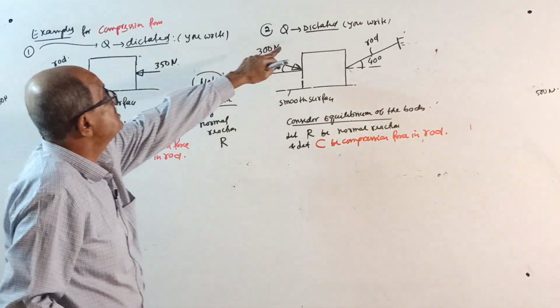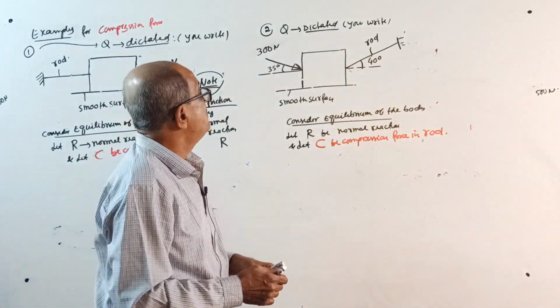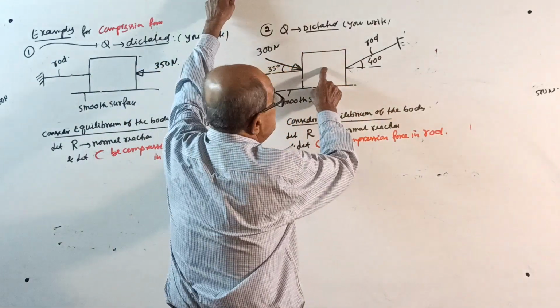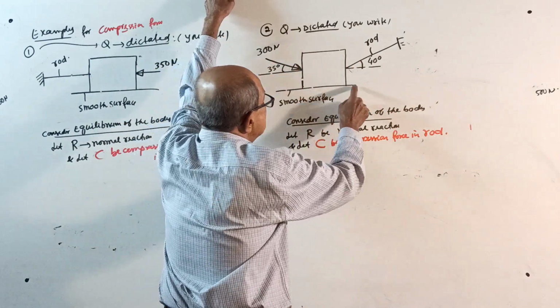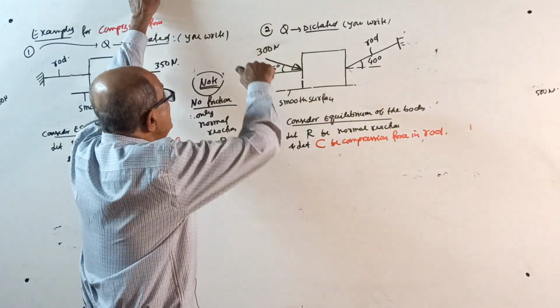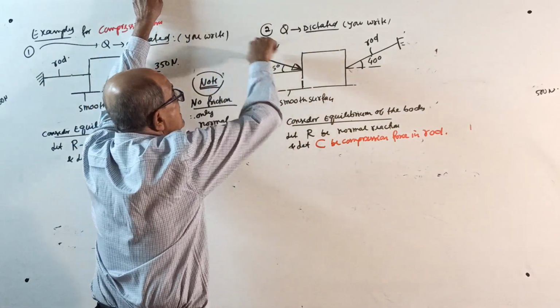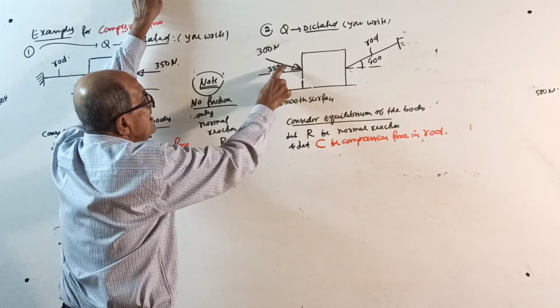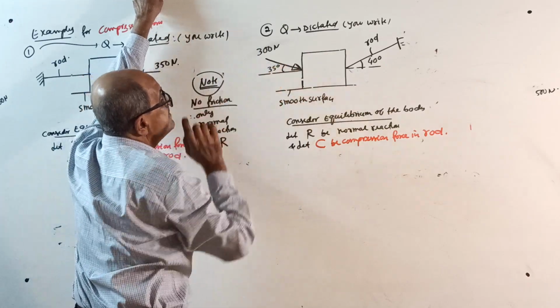Okay. Question 2. A body weighing 500 Newton is placed on a smooth surface and an inclined force of 300 Newton is applied from one side, as shown at 35 degrees.